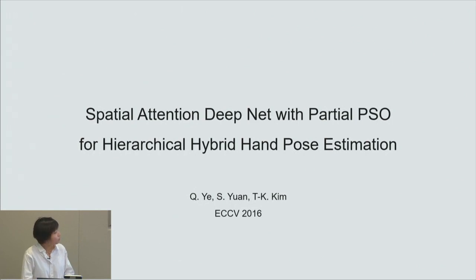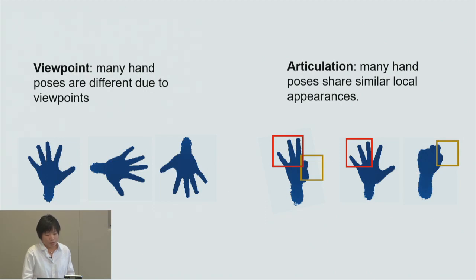My first work is motivated by two observations. The first is that many hand poses in images are different just because the viewpoint changes. The second is that though the images demonstrate complex articulations, many images share self-similar parts, like the square part.